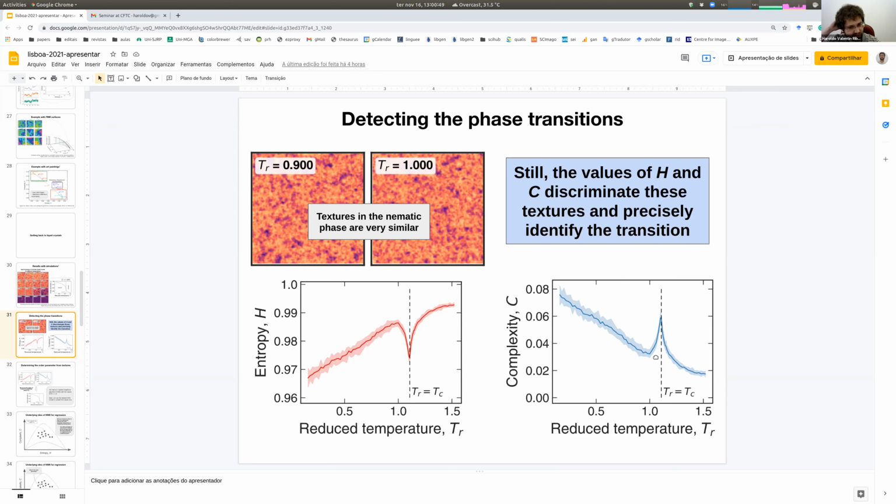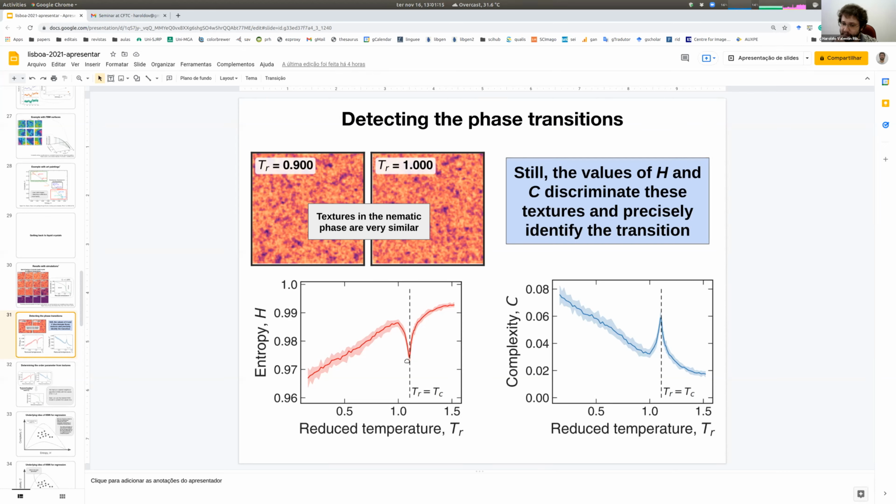I haven't thought about this. So what we have is one standard deviation of the value of the entropy. And perhaps what we see is a decrease of this quantity as we approach the critical temperature, but I don't know why.